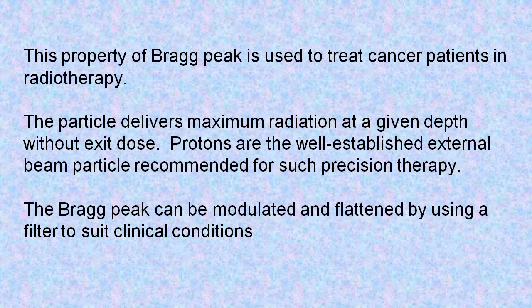That means it will not destroy the normal cells. But at a distance of 2 centimeters, if you have some cancer cells there, the proton will give up the maximum of its energy. So due to that energy, the cells will be destroyed. That property you are using.